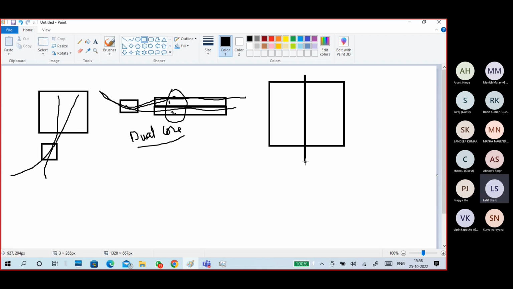Next one is, people divide a processor into two parts. It's a single processor divided into two parts.